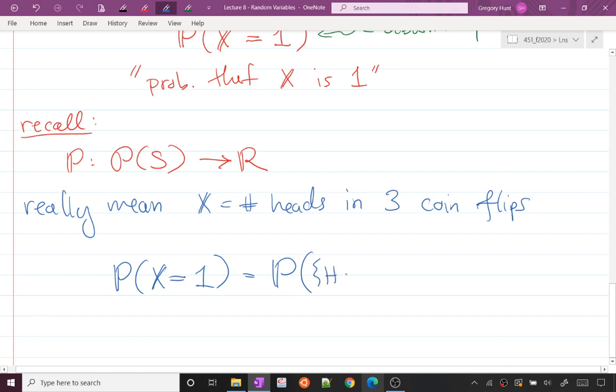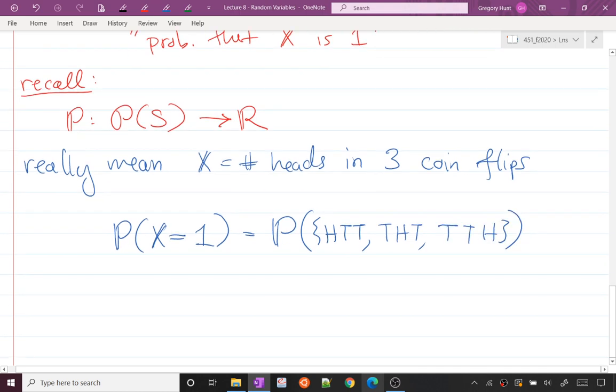Well, we can enumerate that. That would be heads, tails, tails, or tails, heads, tails, or tails, tails, heads. So when we say probability x is equal to 1, what we really mean is the probability of this. Of course, now this is an event properly, and so we could assign a number. In this case, it's 3/8.